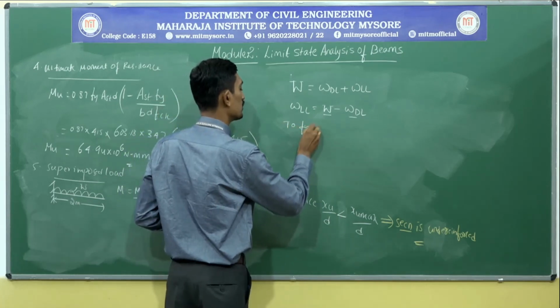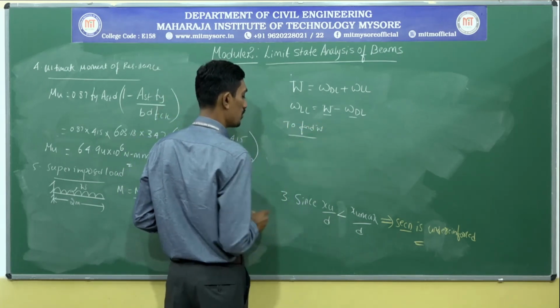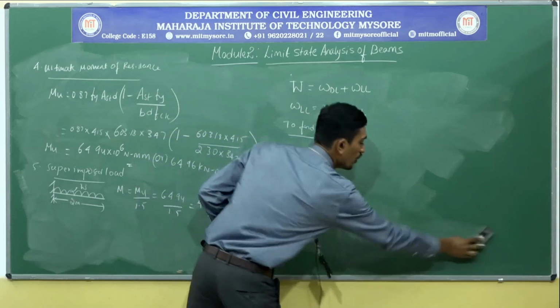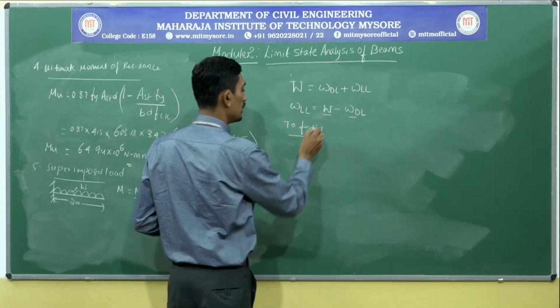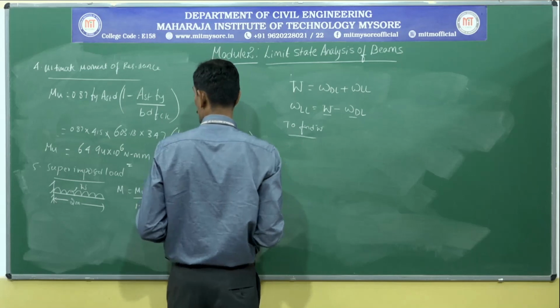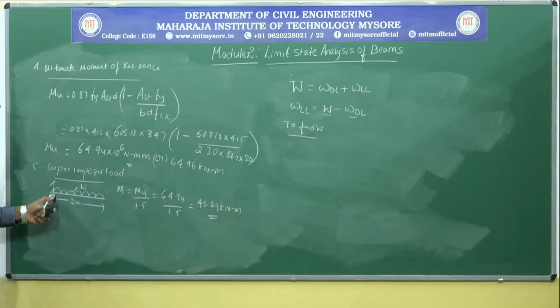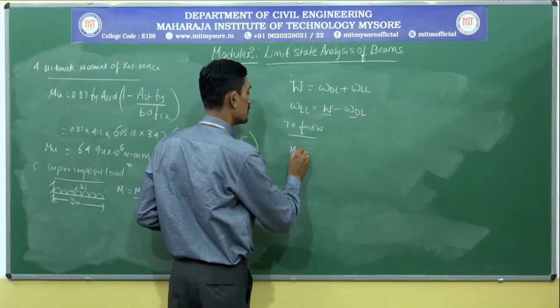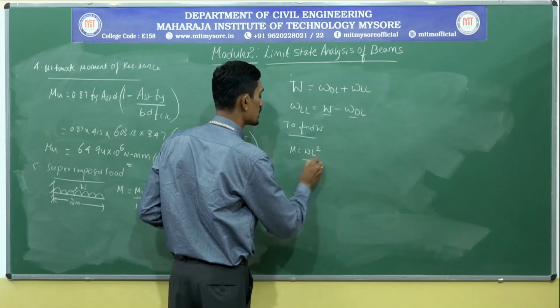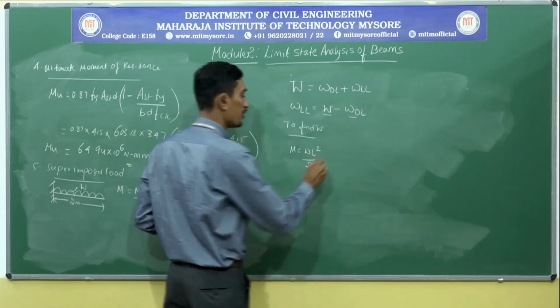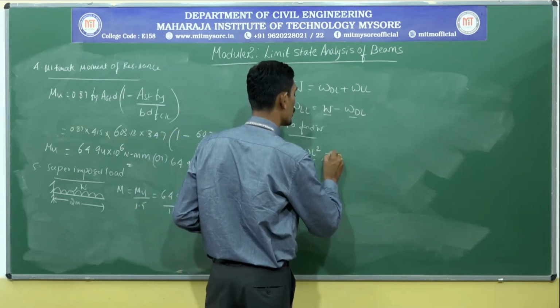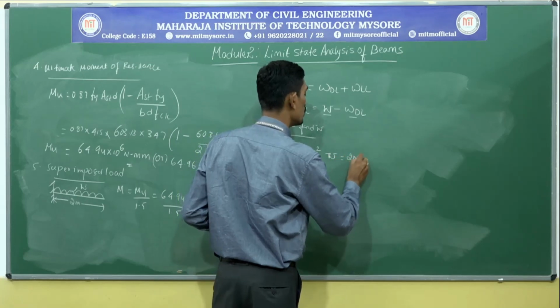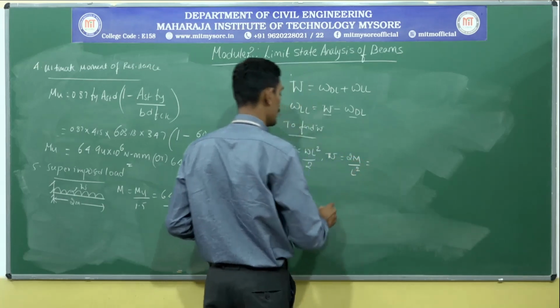To find the total load, for a cantilever beam subjected to UDL, what will be the formula? M is equal to WL square by 2. Therefore, total load W is equal to 2M by L square.